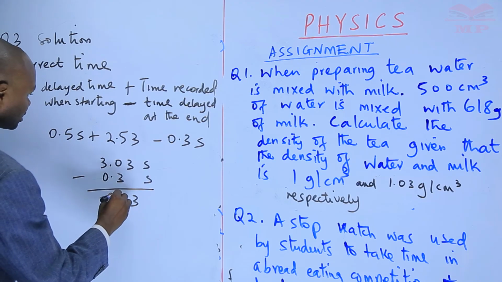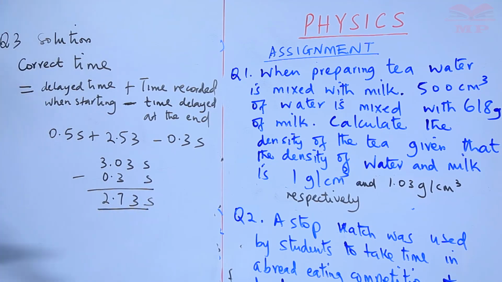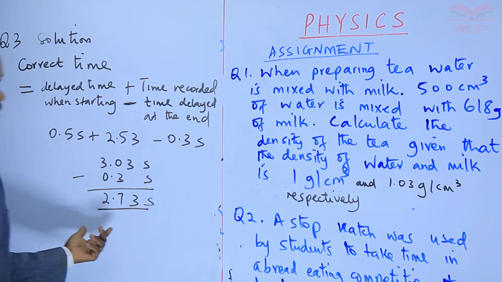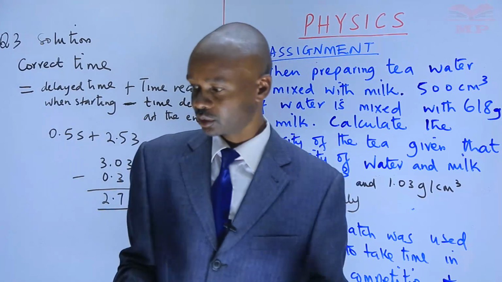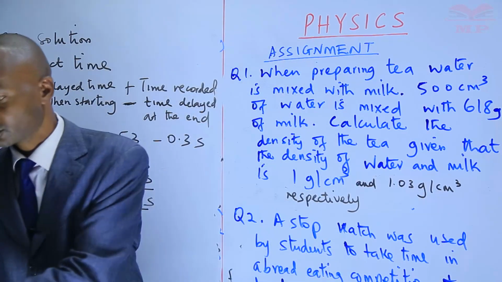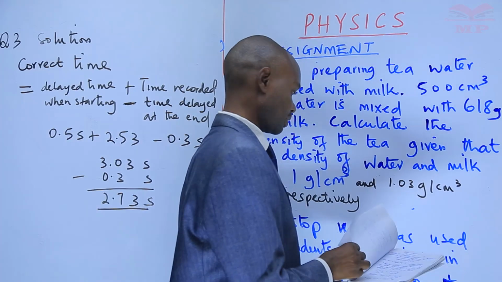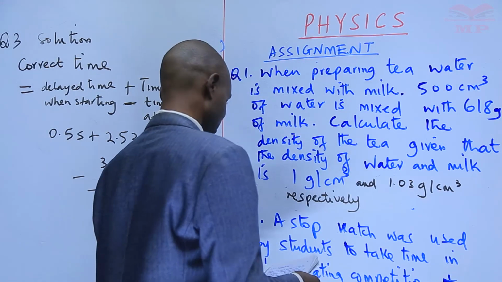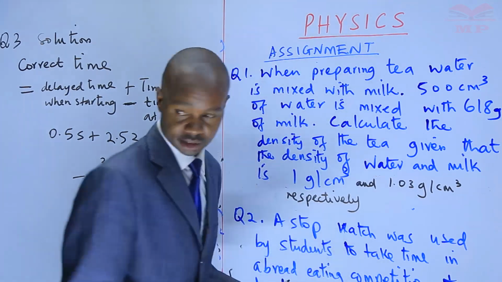Borrow 1, 7, 2. So that was the correct time. So it comes to another juncture where you'll get further questions for the assignment.